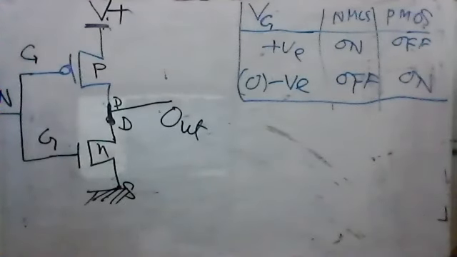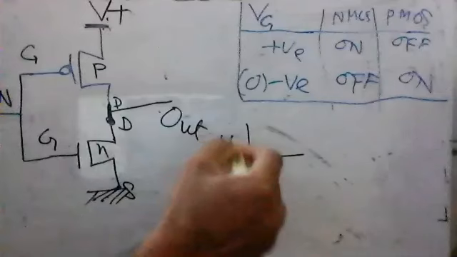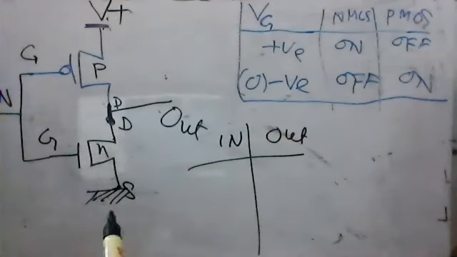So this is the circuit, and now we see how it operates. Input voltage and output, we'll see how it works.